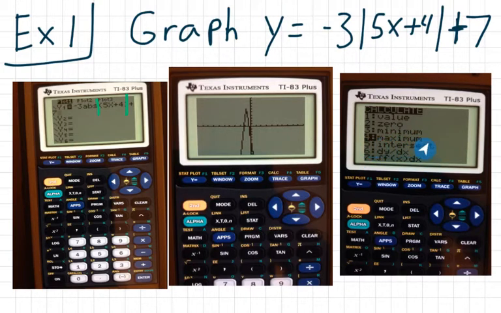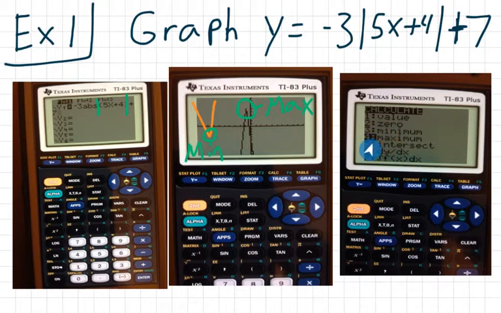Why maximum? Well, look at your vertex. Your vertex is right there. This is the highest point on this graph. It's the maximum. If I had a graph like this that was right side up, well then this would be the minimum. So what you pick depends on what kind of graph you have. This one has a maximum, so I picked this. I either press number 4 or press enter when I highlight 4 with the arrows.